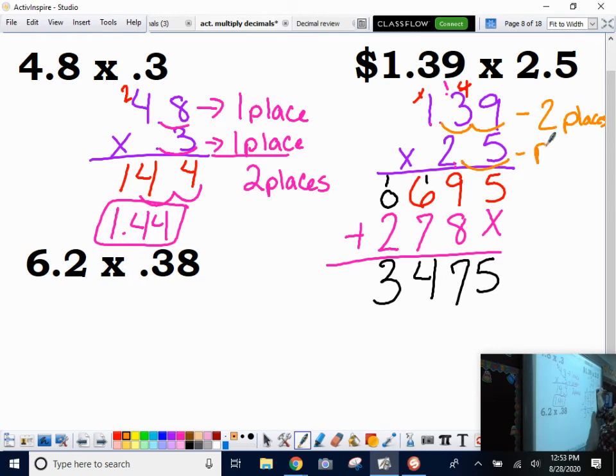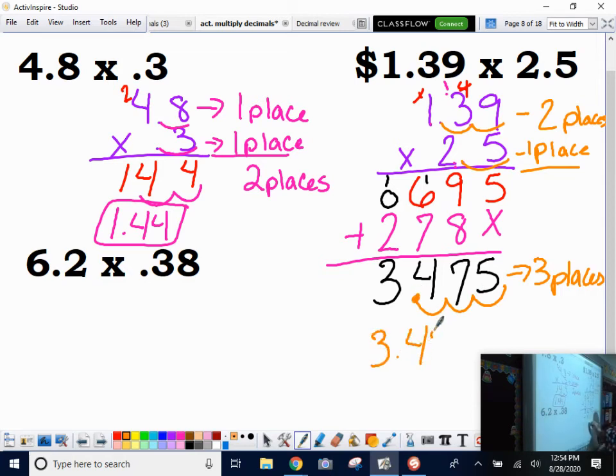This one had 1 place, which means you should have moved in your product 3 places. So from the back, 1, 2, 3. You should have got 3 and 475 thousandths. Okay? Good.